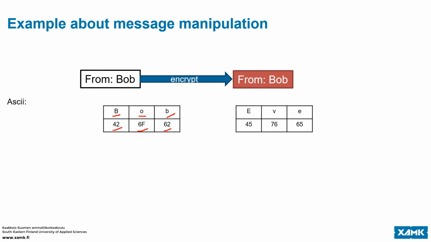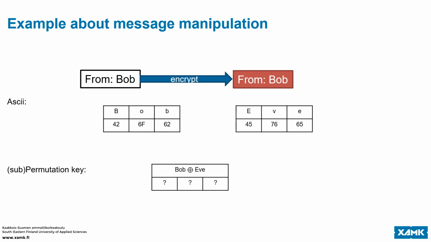Then let's do the same for the piece of text that we would like to write over the original message. Let's say we wanted to replace Bob's name with Eve's. A capital E corresponds with 45, a lowercase v corresponds with 76, and a lowercase e corresponds with 65 in the ASCII table.